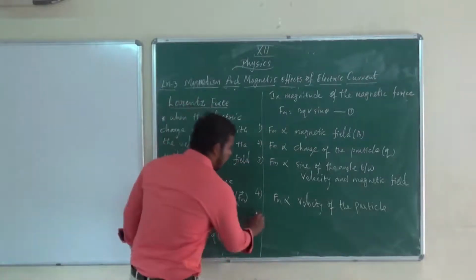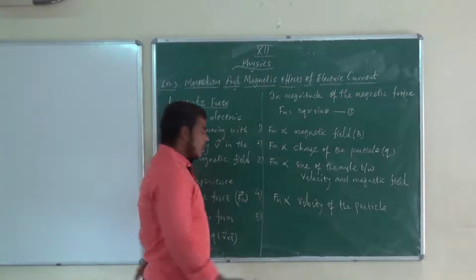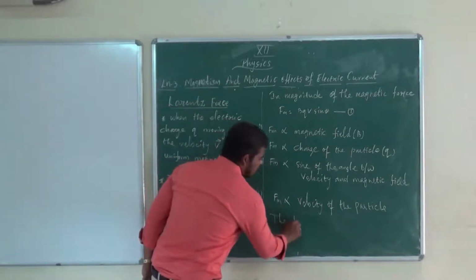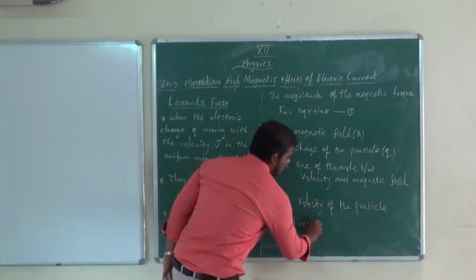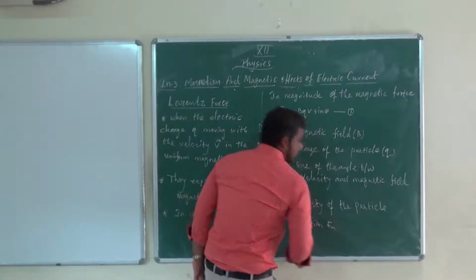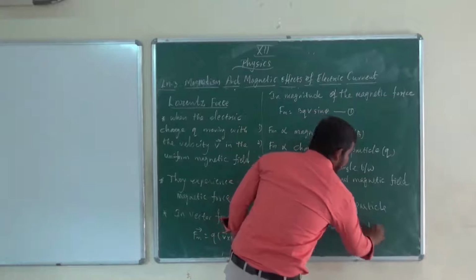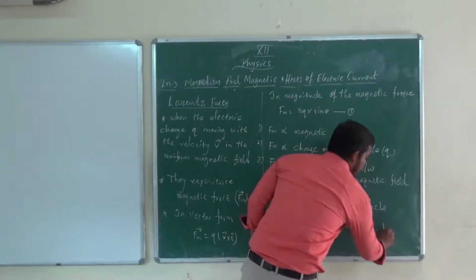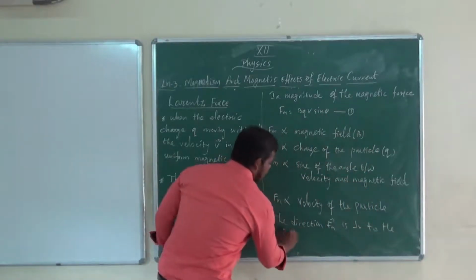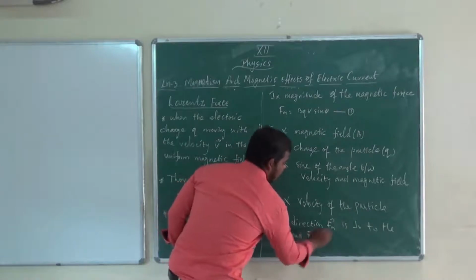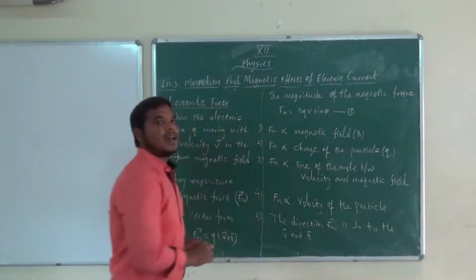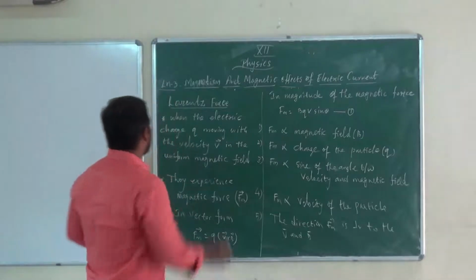And fifth point: the direction of Fm, the magnetic Lorentz force, is perpendicular to the velocity and the magnetic field. I'll show the diagram also.